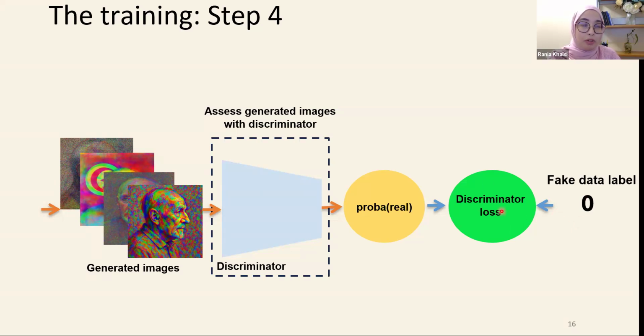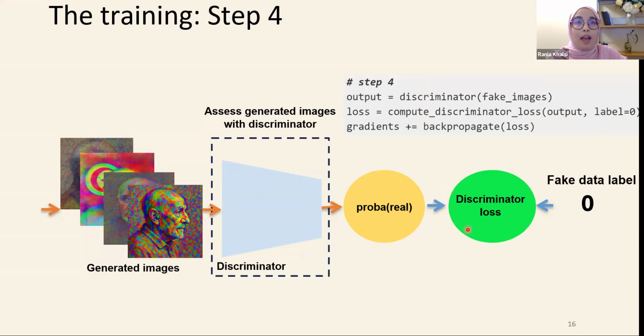This is how it works. We have that many images coming from the previous steps, and we give them to the discriminator. We assess the generated images with the discriminator and get the probability of them being real. This probability, along with the fake data label, is given as input to the discriminator loss.